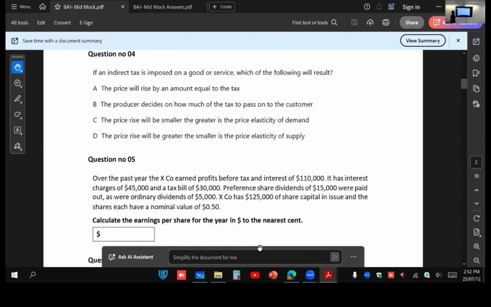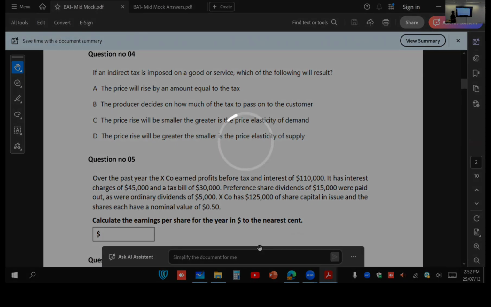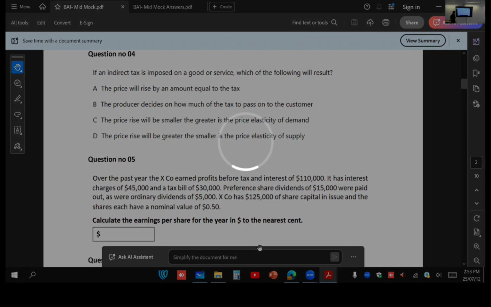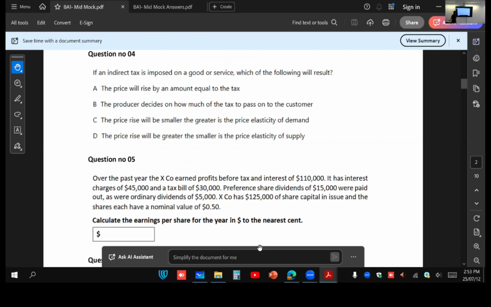If an indirect tax is imposed on a good or service, which of the following would result? Price rise will be smaller, the greater is the price elasticity of demand, which is why when an indirect tax is imposed, whatever the tax you have to pay apart from the profits you earn, that has to be transferred to the tax authorities.